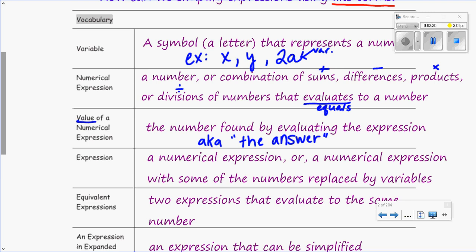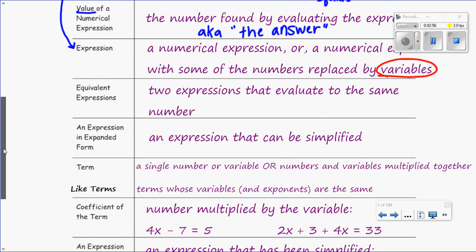An expression is a numerical expression or a numerical expression with some of the numbers replaced with variables. So we went from a numerical expression to just expression. It includes numerical expressions, but it also includes algebraic expressions that have variables. It's really just a number sentence that includes variables.